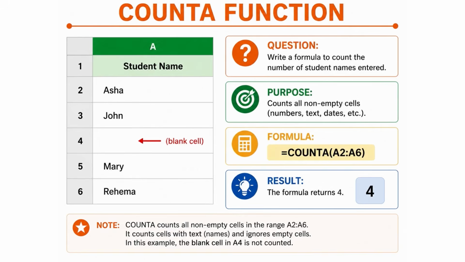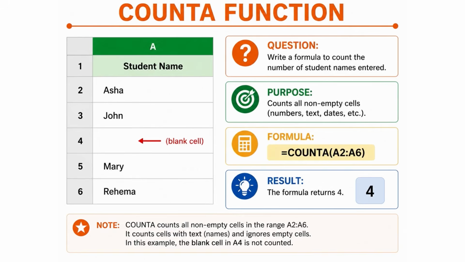The names are located in column A from cell A2 up to cell A6. Since we want to count all non-empty cells in this range, we use the COUNTA function. Therefore, the formula is equals COUNTA, open brackets, A2 colon A6 close bracket.